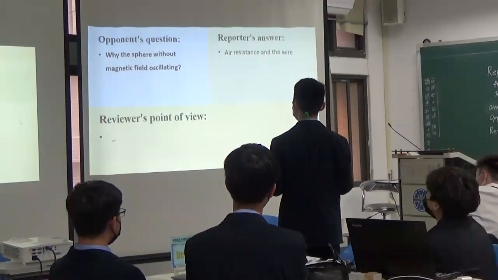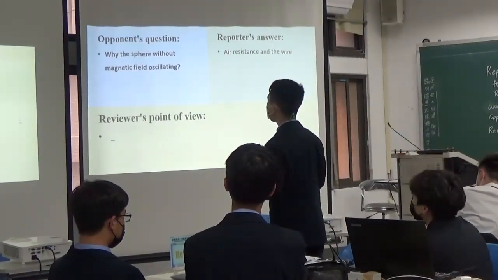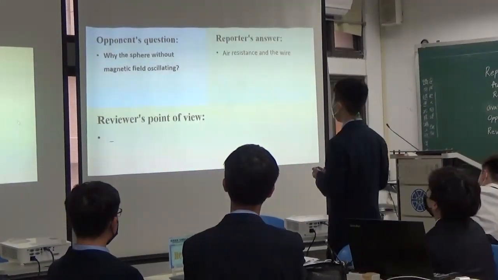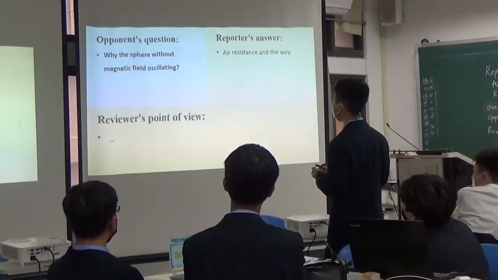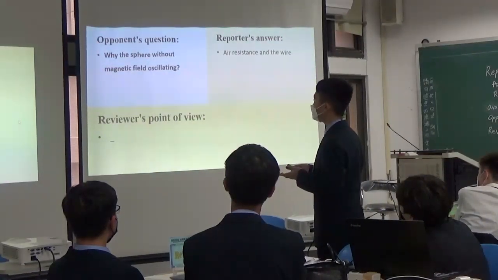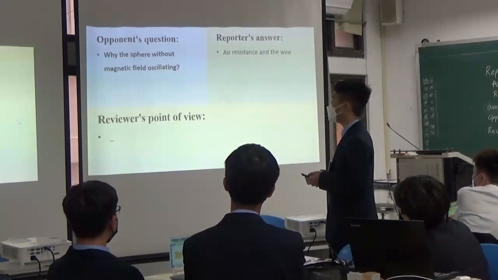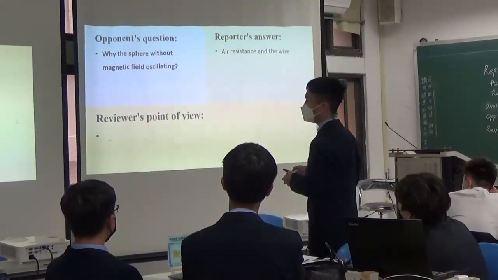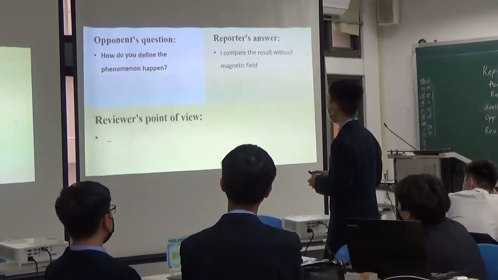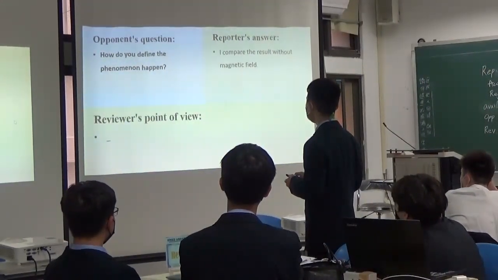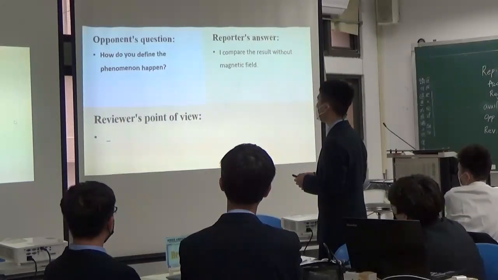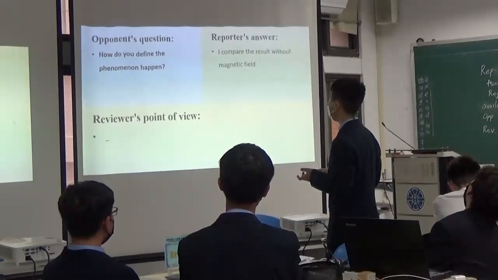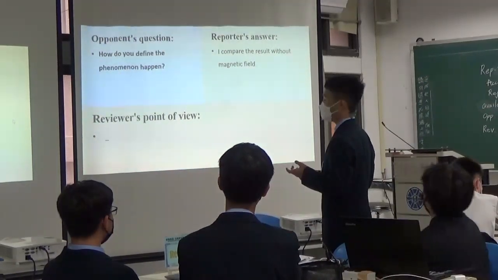Okay, this is a PF question. The opponent's question is, why is the sphere oscillating without a magnetic field? Why is the sphere damping without any current? The reporter says air resistance in the wire, and we think the reporter is right. How did you determine that the phenomenon happens? The reporter says he compared the results without a magnetic field.